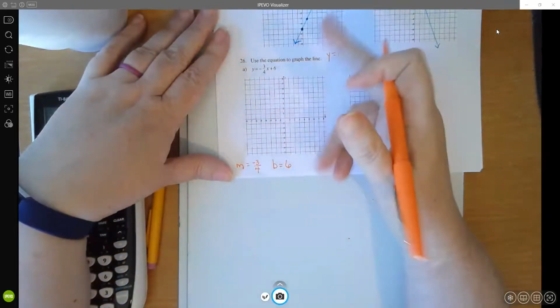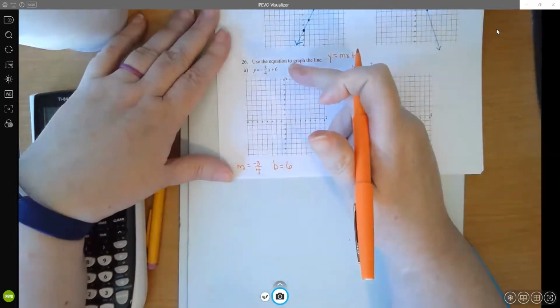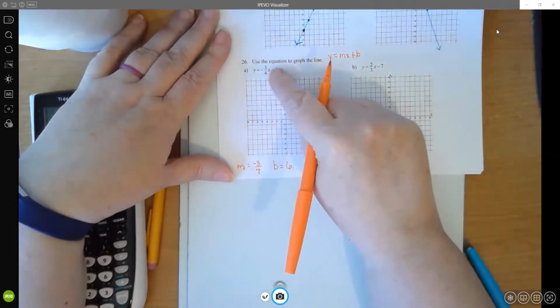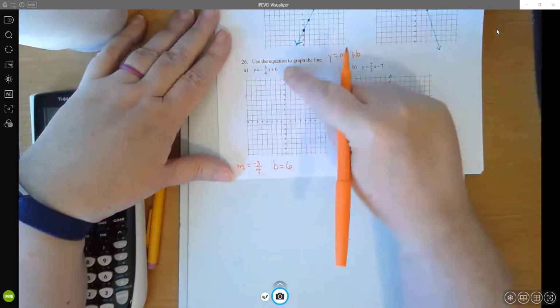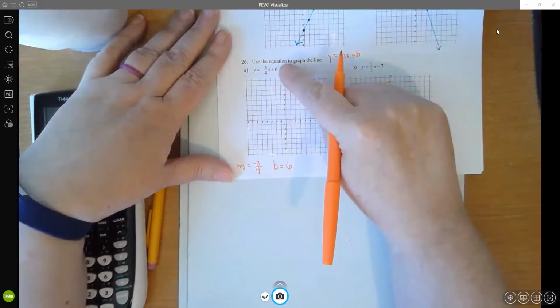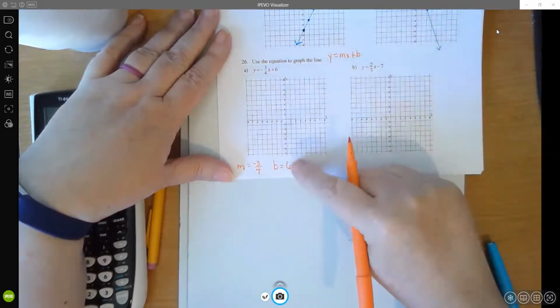By inspection, to be official, -3/4 is the number in front of the x, so its slope is -3/4, and the number by itself is the b, and so it is 6.